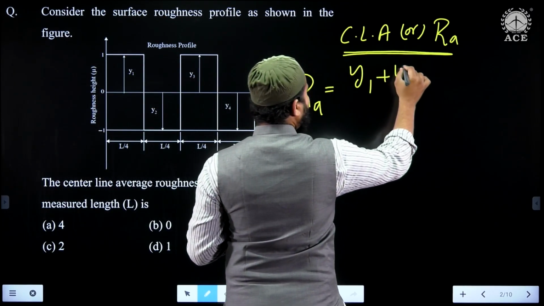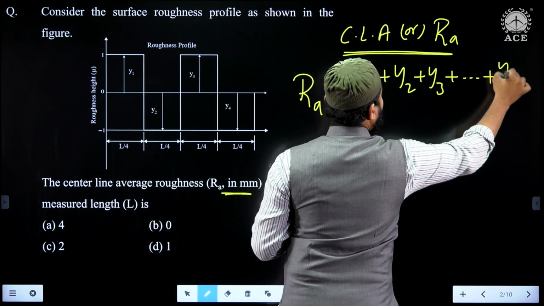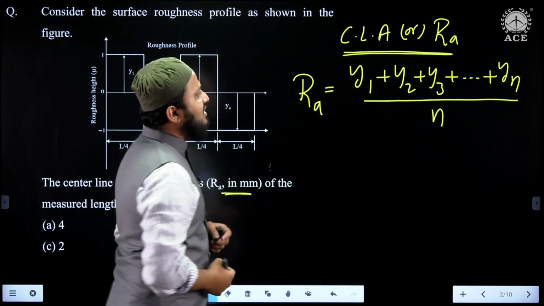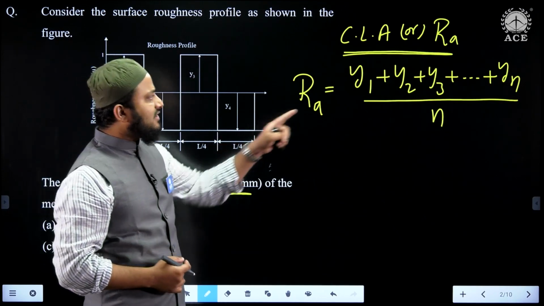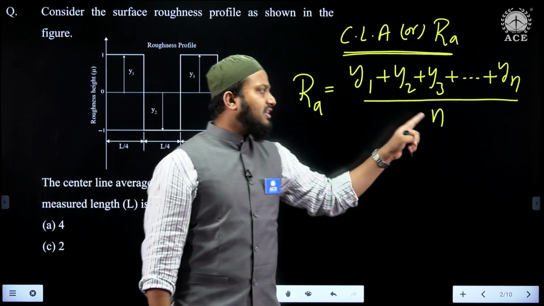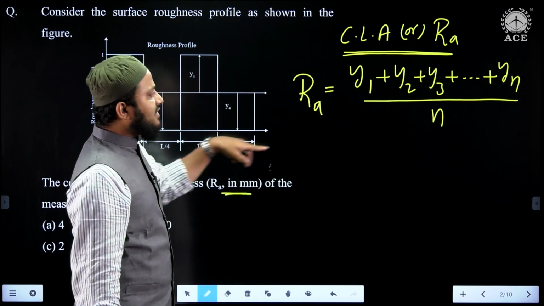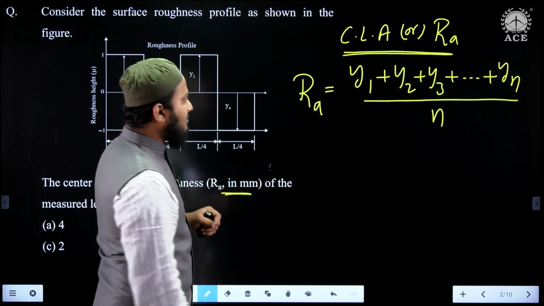Y1 plus Y2 plus Y3 and so on plus Yn by n. In this, Y1, Y2, Y3 all represent the number of peaks and valleys, and it is the summation of all peaks and valleys by the total number of peaks and valleys. For small n, how many peaks and valleys we have, that we need to keep in the denominator. So this is one method of solving.